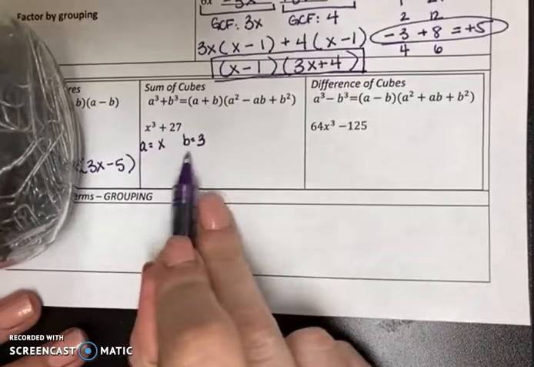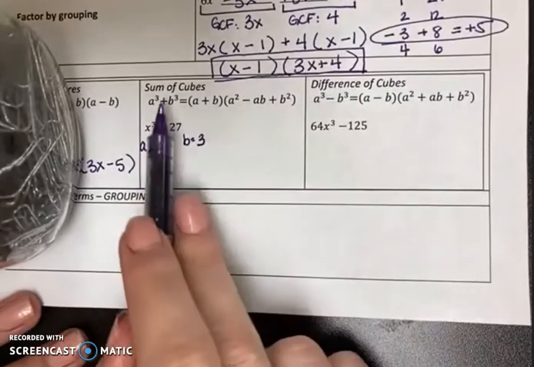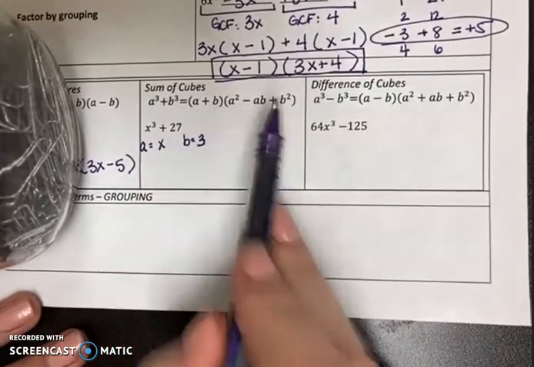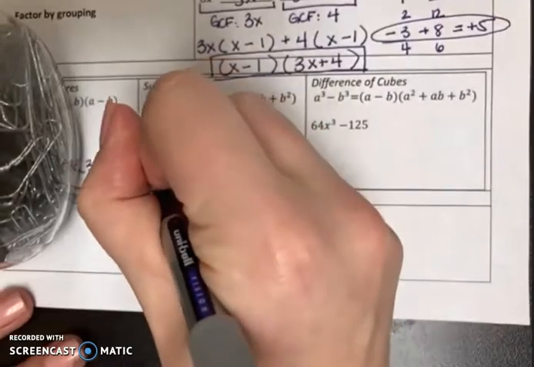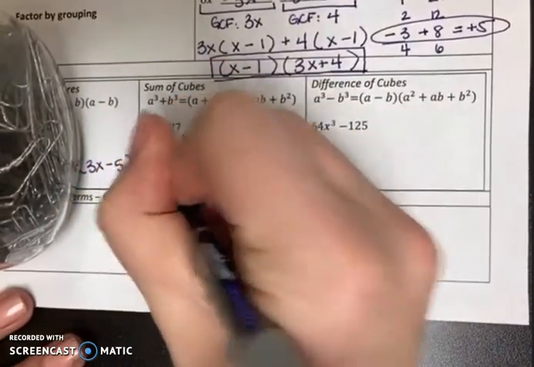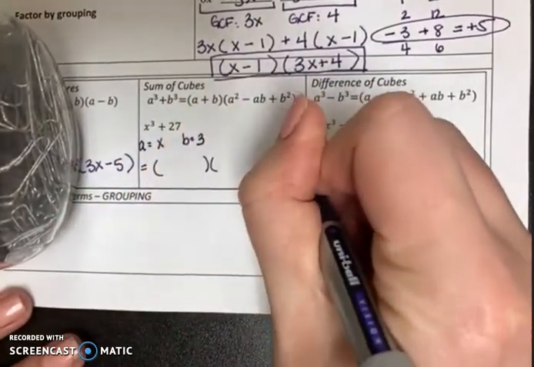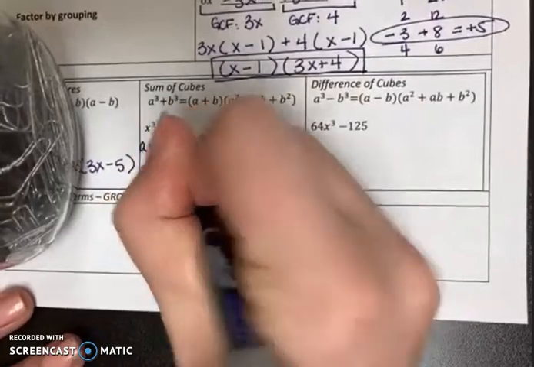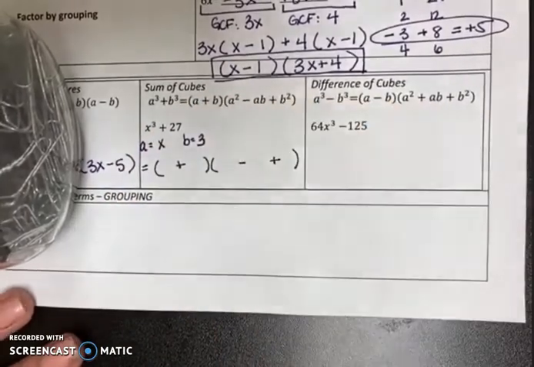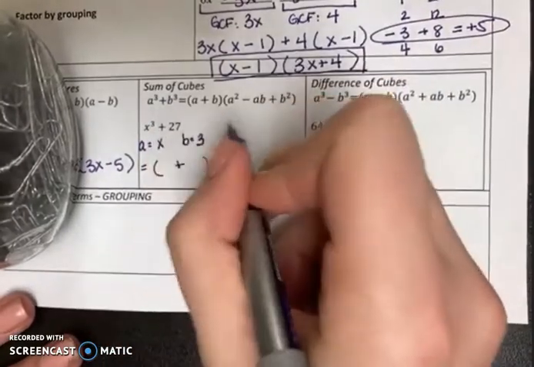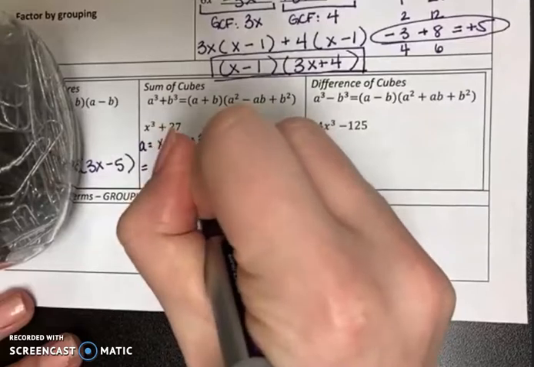All right, now that I have my a and b, I'm just going to plug it in. So because it was the sum, I know it's plus minus plus. So this is going to be equal to, plus minus plus, going to fill that in. So it's a plus b, so x plus 3.